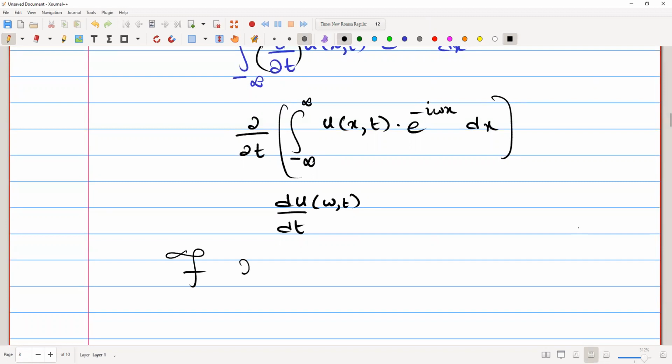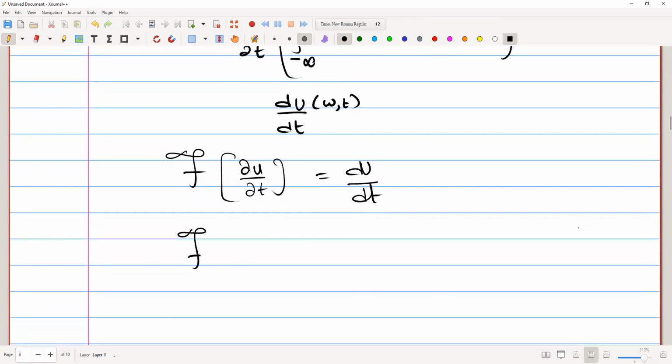So the Fourier transformation of ∂u/∂t will be nothing but du/dt. Okay, so we can now generalize this term. If we have F of ∂^n u/∂t^n, then it's simply d^n u/dt^n, right?